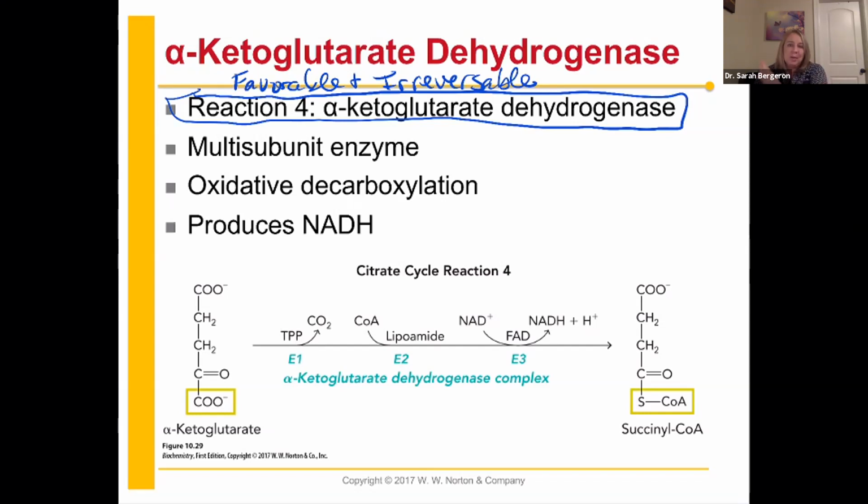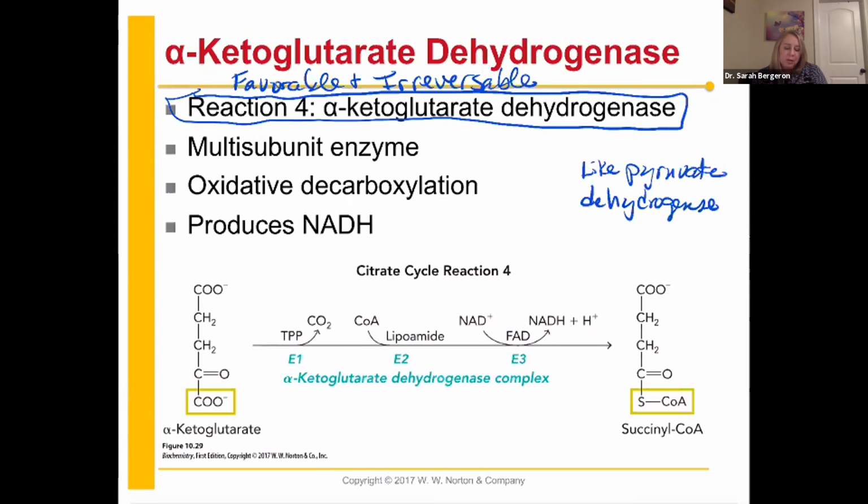So all the details that we went into in pyruvate dehydrogenase, so this is like pyruvate dehydrogenase with the E1, E2, E3, and needing TPP, lipoamide, and your NAD, right? All that kind of stuff, that's all exactly the same that you need.